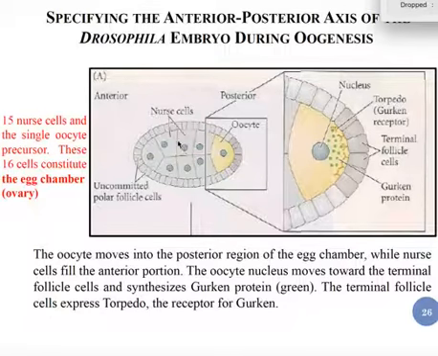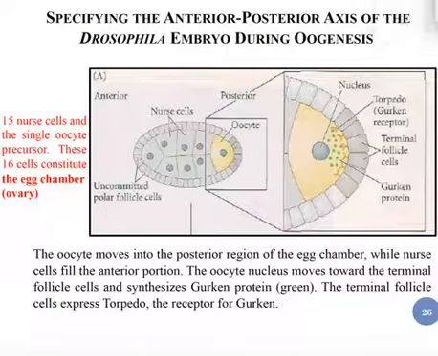Nurse cells are called like this since they provide the nutrients. They work like a nurse, to provide nutrients and the different messenger RNAs important for the development and for organizing the oocyte body axis.